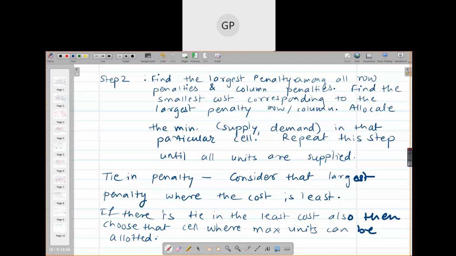Okay, so now the first problem again we will solve, and we will check if the value is reduced or not. Have you finished writing this? Yes.